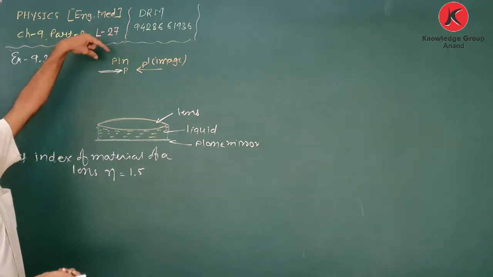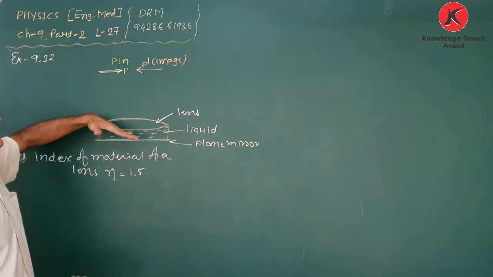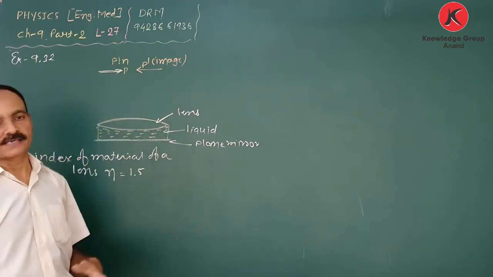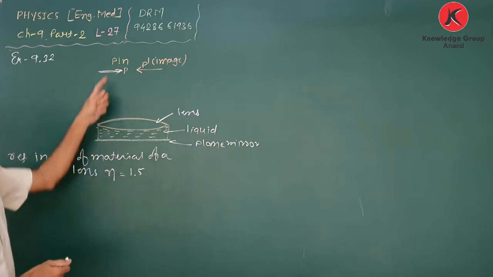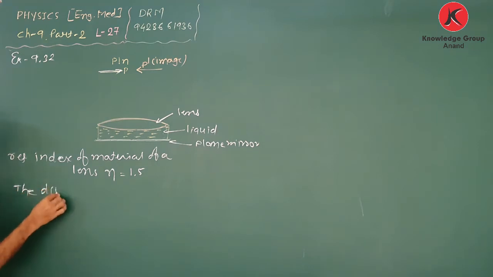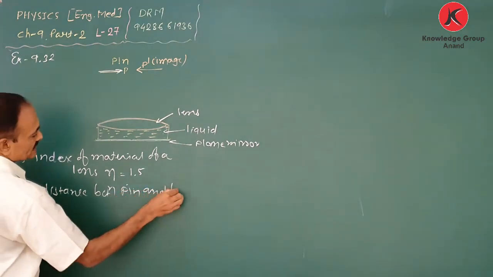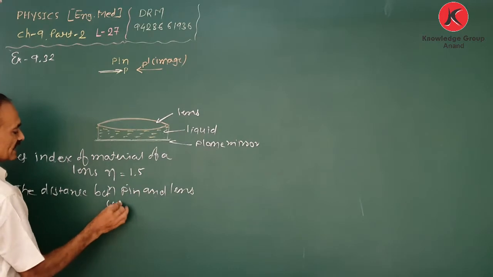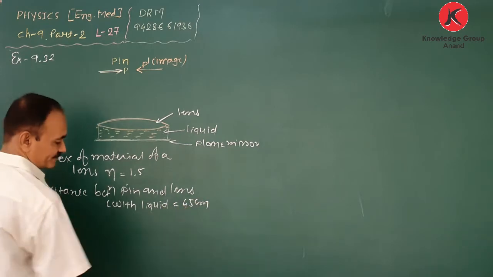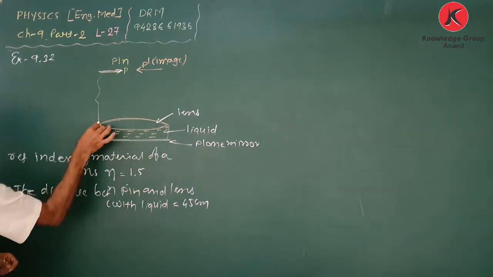We observe this pin from the top and move it along the axis of the lens till its inverted image is formed. The distance between the pin and the lens, with liquid, is obtained as 45 centimeter.